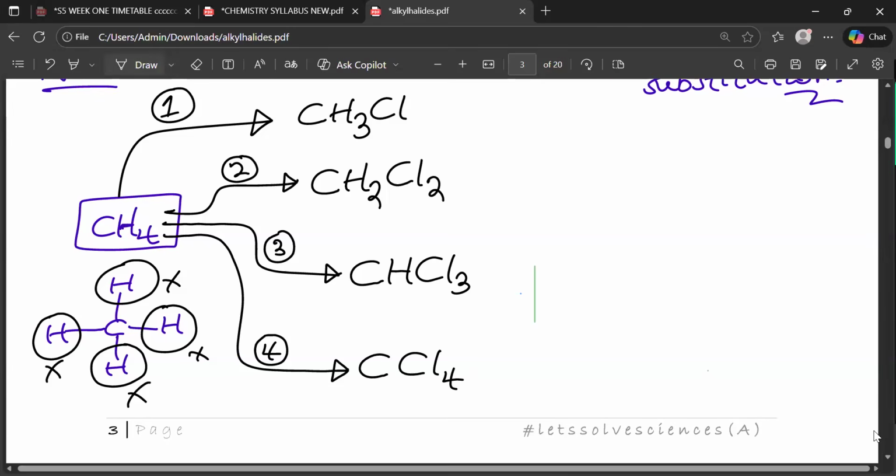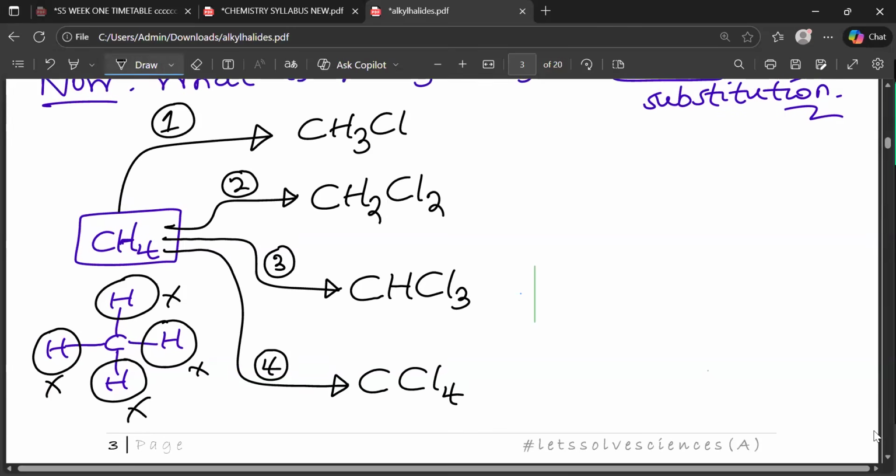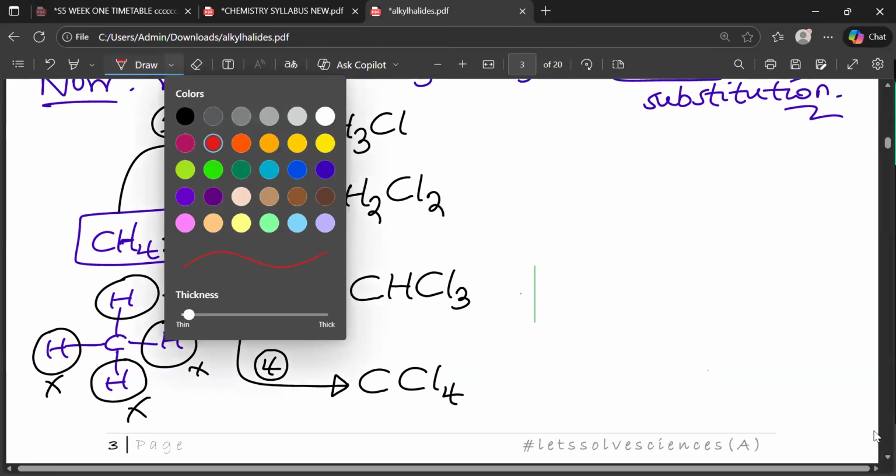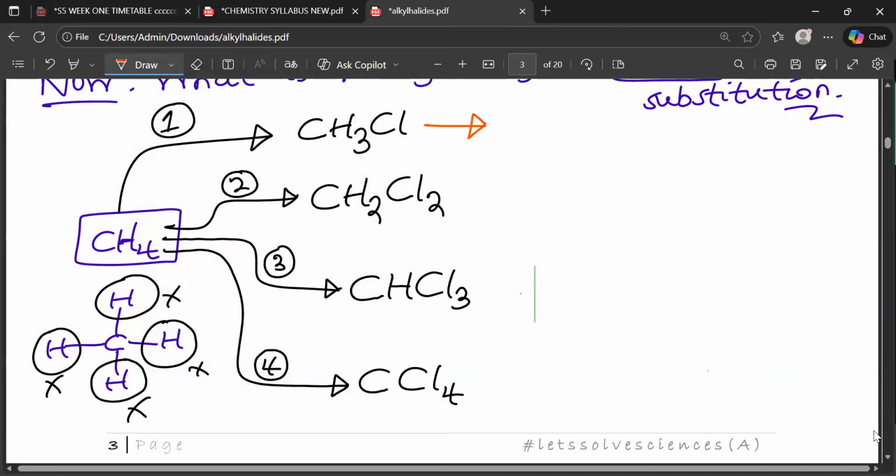So here only one has been replaced. Remember what we are forming. Whatever we are forming is a halide. Hope you know that. Halide, which can be chloride, bromide, iodide. I explained all that. So here only one has been replaced. This is what they call monohalide. Mono because of one, mono, halide.